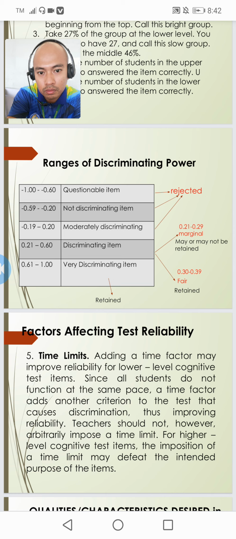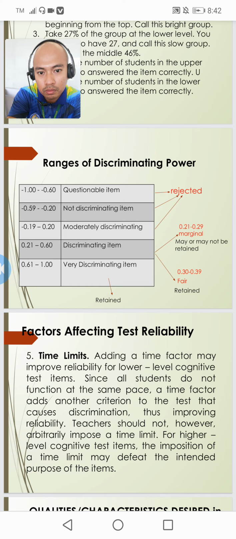So anong gagawin natin ngayon? It's up to you. Magde-decide ka ngayon yan. Will I retain the item, or will I just revise the item, or maybe I will totally reject the item. So it's up to you as the test constructor if that index will fall from 0.21 to 0.29.